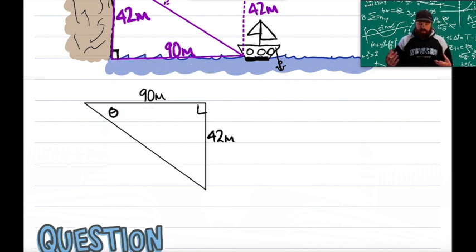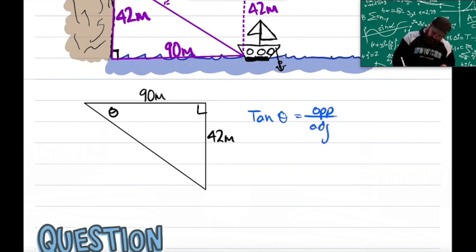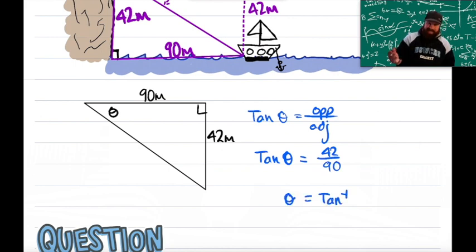I'm only dealing with opposite and adjacent. I've got tan again. So tan of theta is going to be the opposite over the adjacent. So tan of theta, substituting information in, is 42 over 90. Theta is going to be, remember, that's where we press Shift tan again.